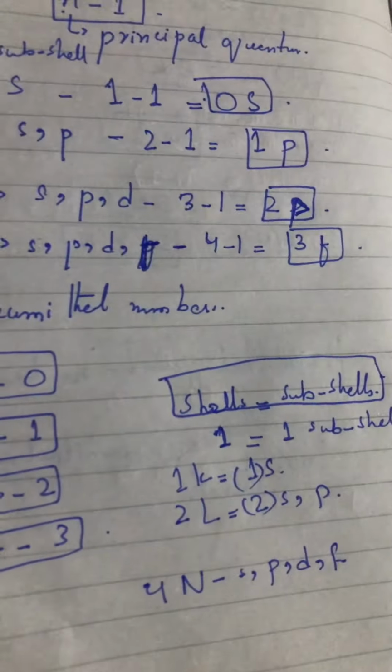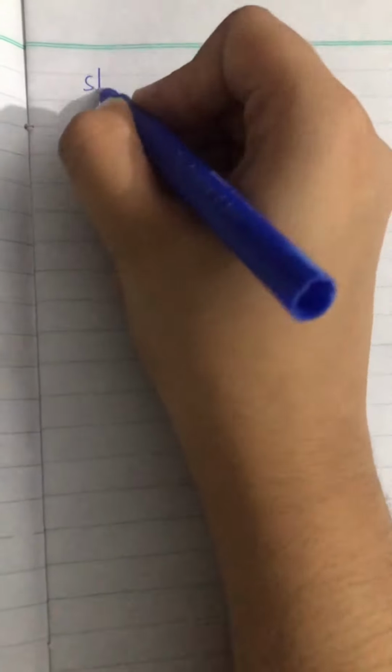Here we found the azimuthal numbers. I will also tell the shapes of subshells.